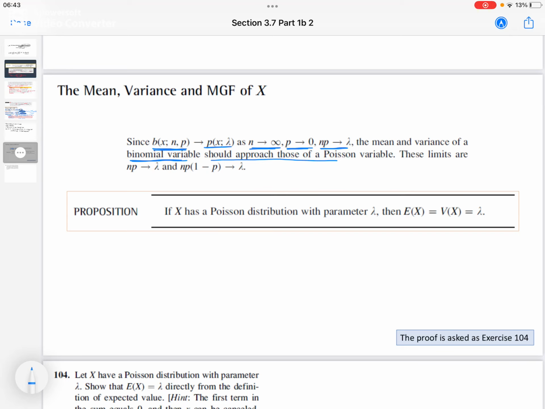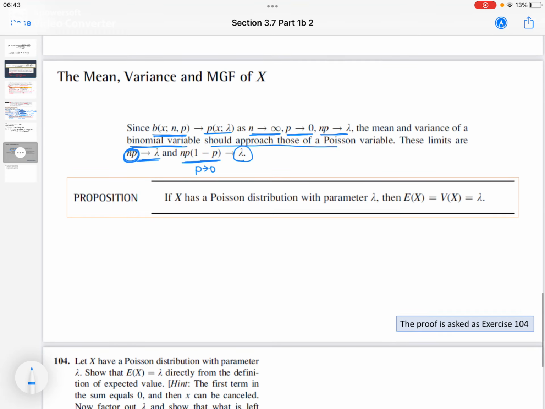So if the binomial tends to the Poisson, then the expected value and the variance of a binomial variable should also approach those of a Poisson variable. So these limits are: the expected value of a binomial random variable is np, that will tend to lambda, and the variance of a binomial random variable, n times p times 1 minus p, will also tend to lambda, provided that p tends to 0 or p is very small.